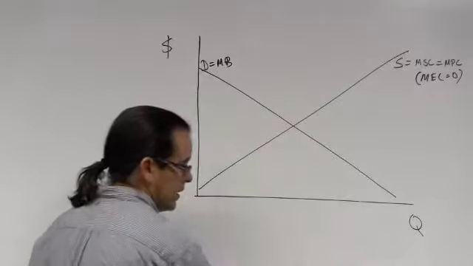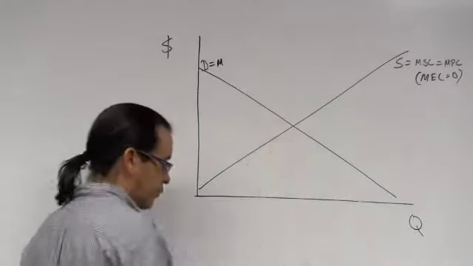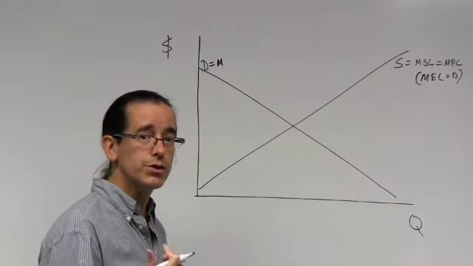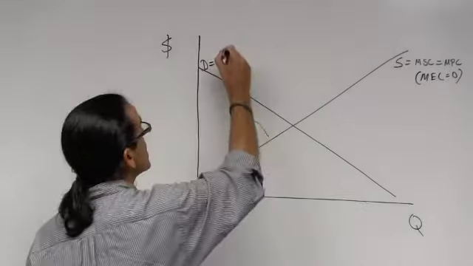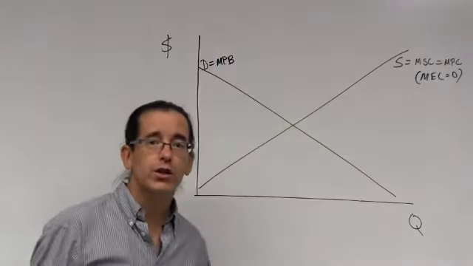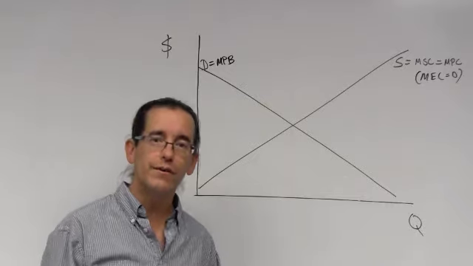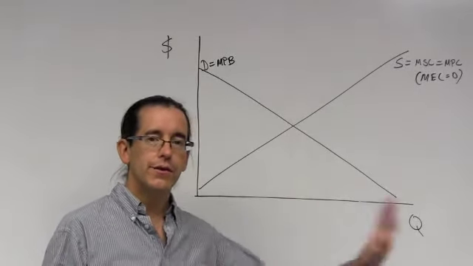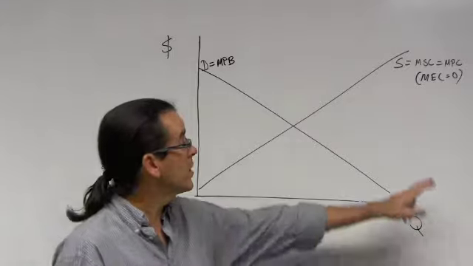Except now, if we're talking about the people who actually expended resources to get that service, we're going to call that curve the marginal private benefit. So we're paralleling the negative externality with marginal private cost.